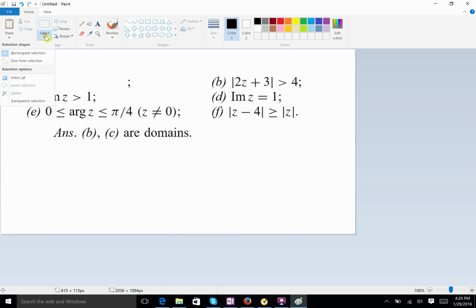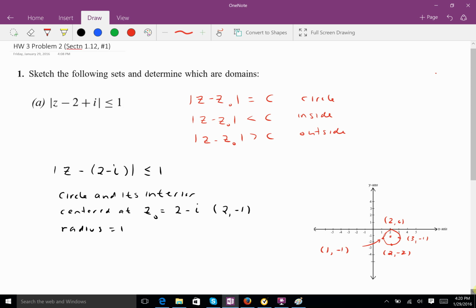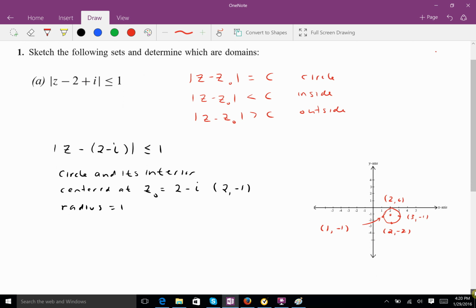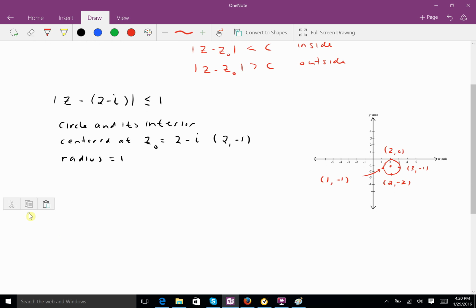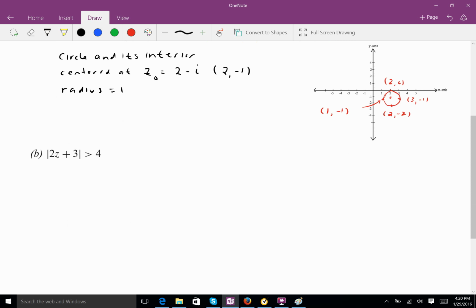So here, we can see this is going to be the exterior of a circle, right? So again, I'm going to put this in our standard form, but I'm going to realize that in order to do that, I have to factor out a 2, right?